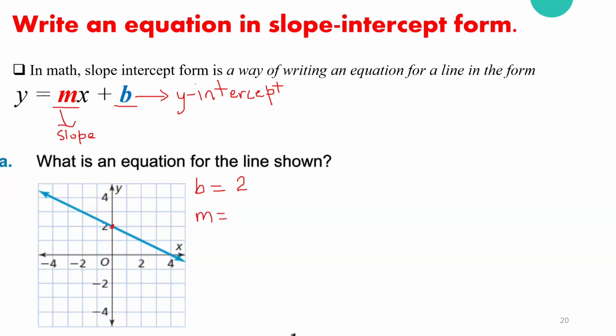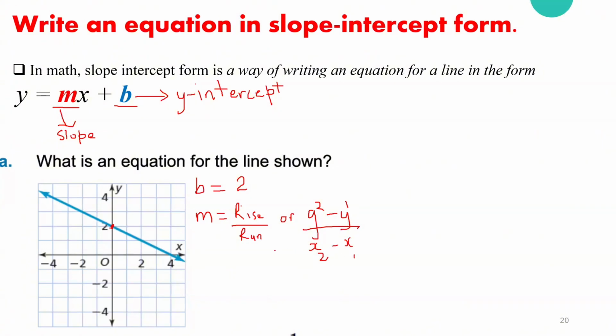As discussed in previous videos, we have different ways to find the slope. We either can use rise over run, or we can use y2 minus y1 divided by x2 minus x1.